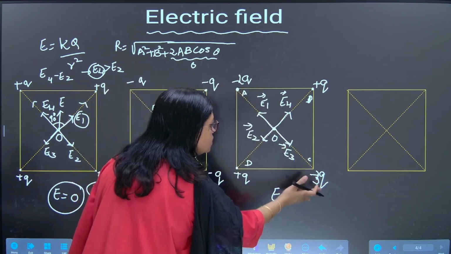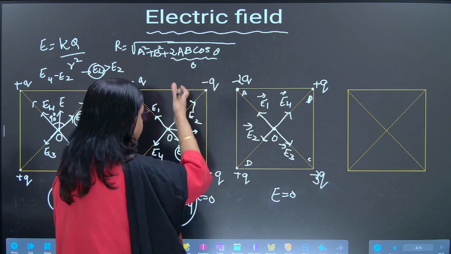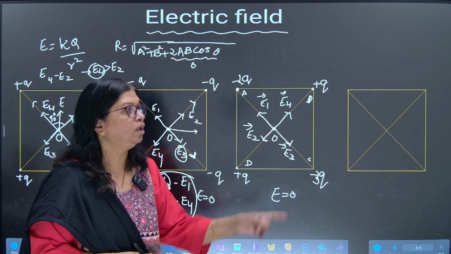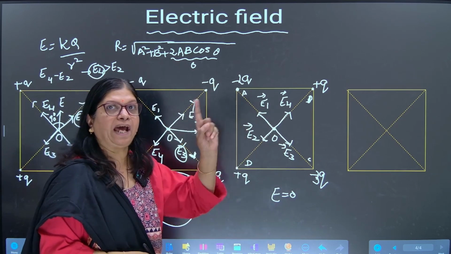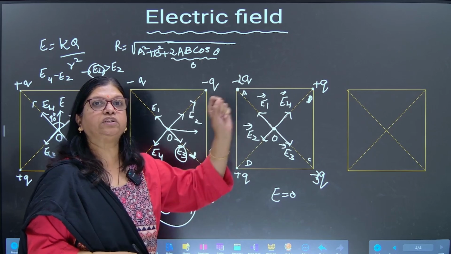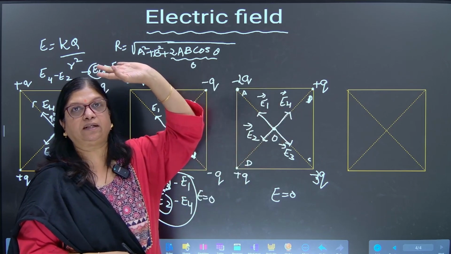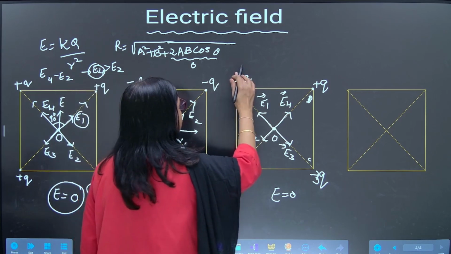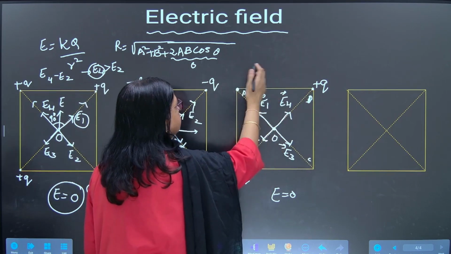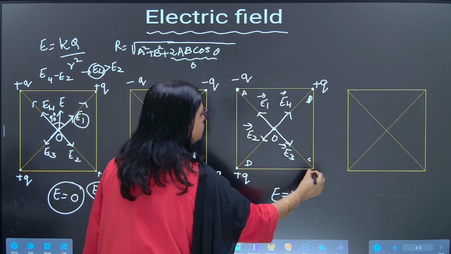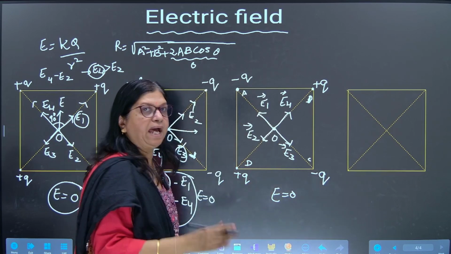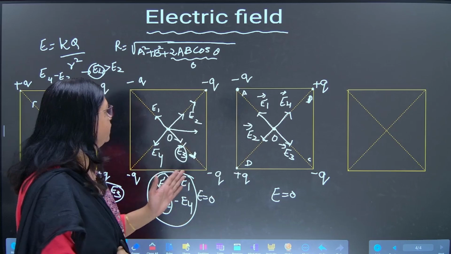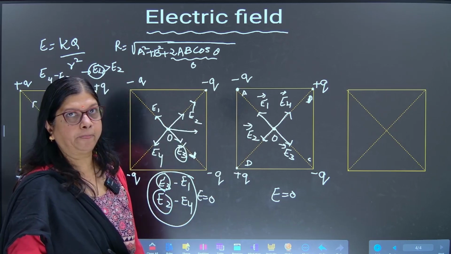But if the magnitudes are different like this, then I have to follow this procedure of finding E1, E2, E3, E4, go to the diagonal, subtract, find out which one is the bigger one, that is the direction of the electric field. Fine? Okay? So here I just rub this and write here minus Q and negative Q as previously written, such that E is equal to 0. If not, then I have to follow the same procedure.